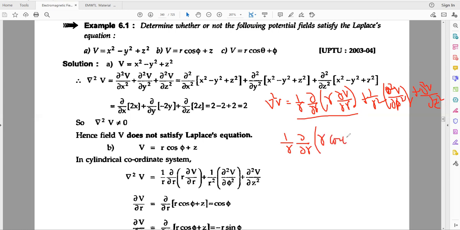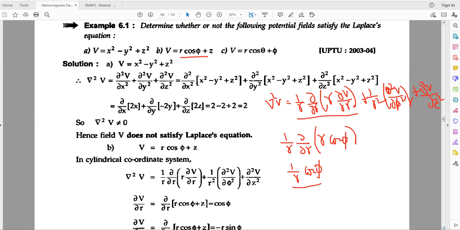Cos phi we will get here when I apply ∂V/∂R as the first derivative. And again we can apply ∂/∂R with this derivative of R, the cos phi only. So 1/R cos phi for the first one. Got it, my dear students?